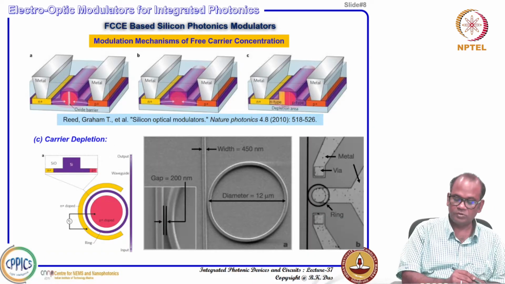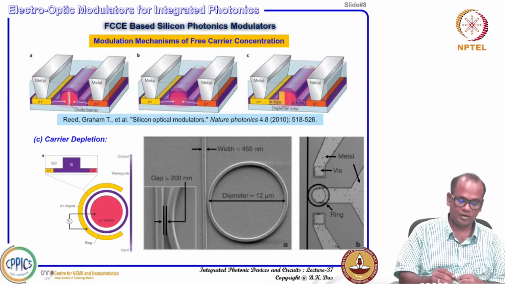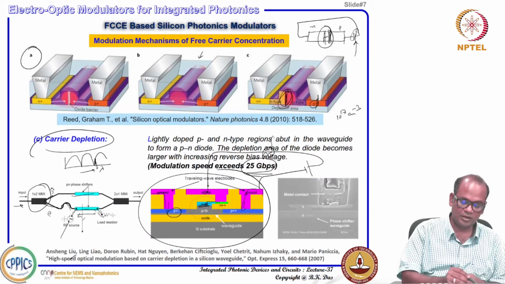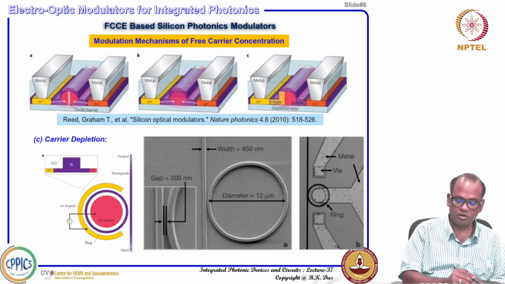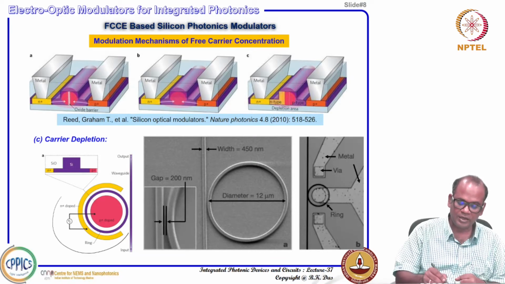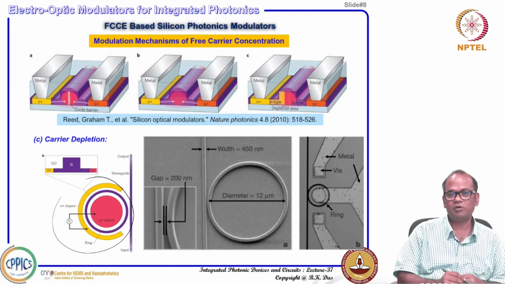This is another type of structure they have demonstrated with carrier depletion, that is a ring resonator. Earlier we showed that the unbalanced Mach-Zehnder interferometer can be used as a wavelength selective modulator, or a ring resonator type structure can also be used as a modulator, or for wavelength selective lasers.